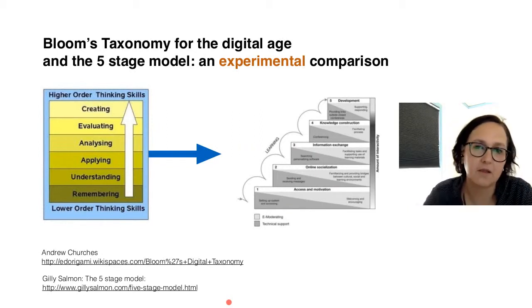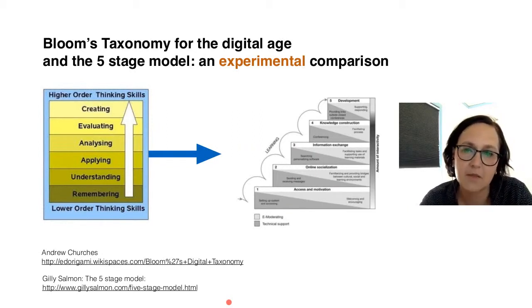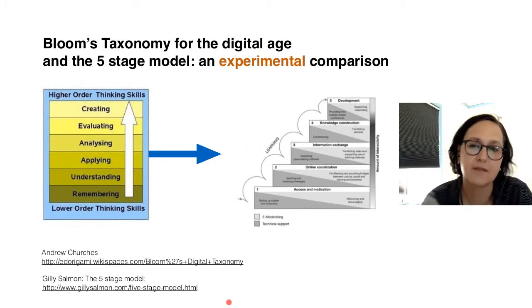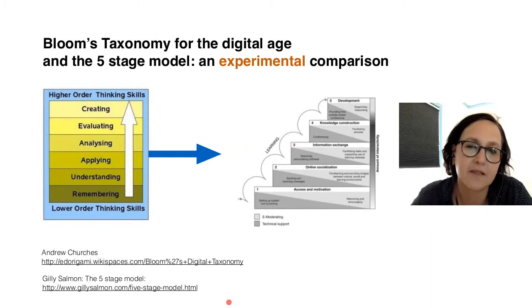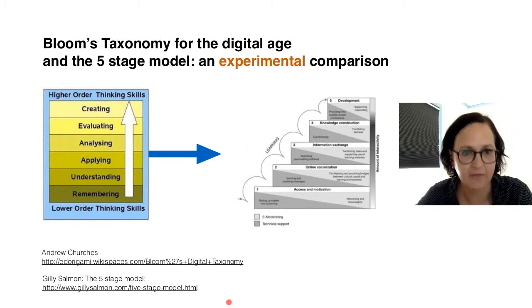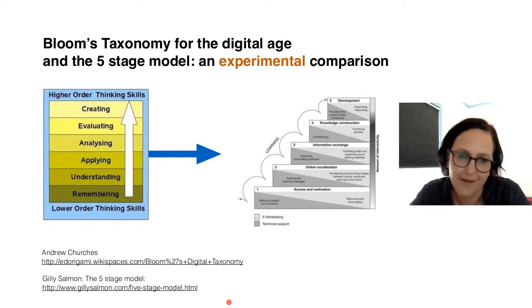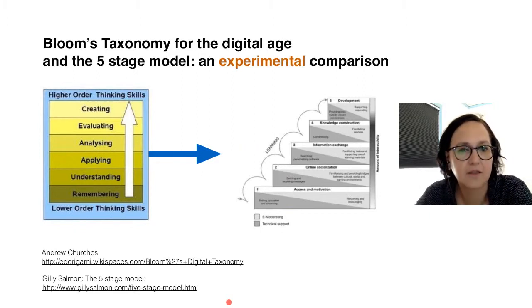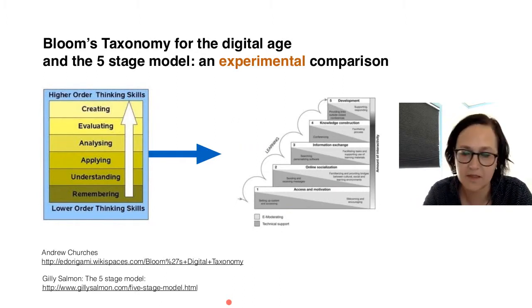You can see on Gilly Salmon's model that the intensity is increasing. On the side, it's written: amount of intensity is increasing from stage 1 to 4 and is then diminished, pushing again towards stage 5. So also creating is the most complex act, if you want, in Churches' model. So intensity is also increasing there.